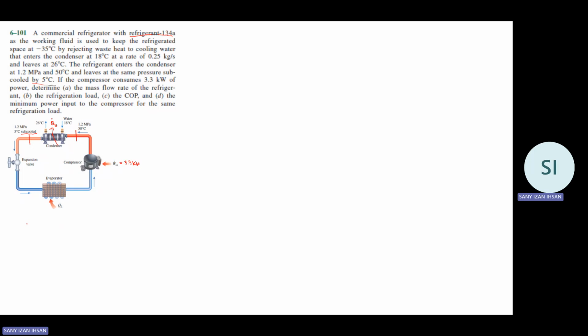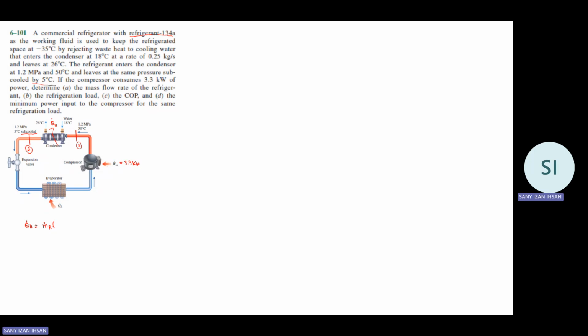So we can say that QH dot, actually you can relate between the two conditions. QH dot is nothing but the mass flow rate of the refrigerant. Looking into, let's call this state 1 and this state 2. Let's put a circle on that.